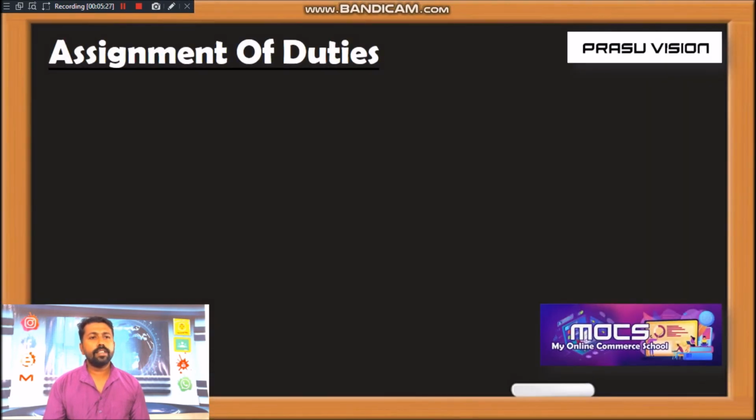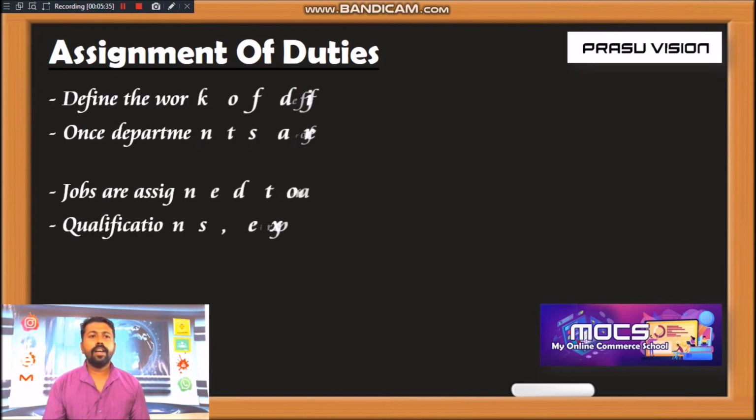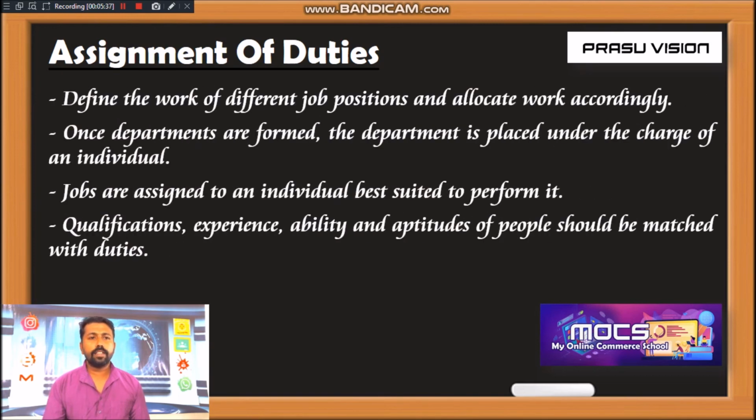And the next one is, after dividing the workers into different categories or departments, the head of the organization will assign duties. Duties means tasks. So define the work of different job positions and allocate work accordingly to each worker.